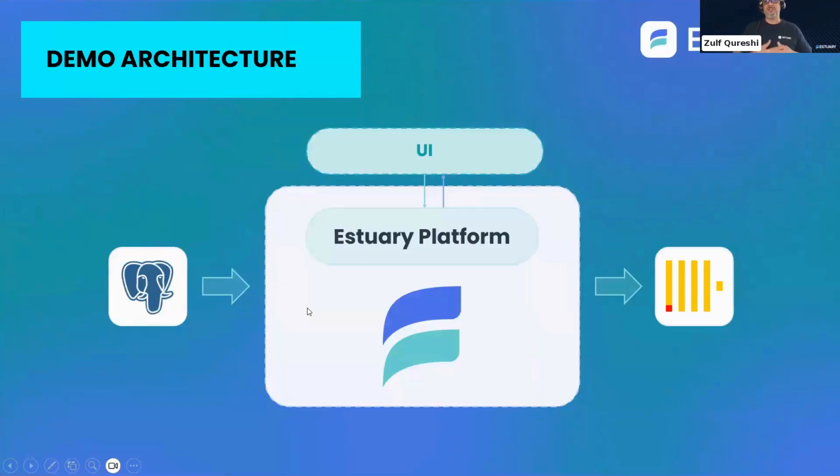Right. So having spoken about Estuary, given you a flavor and overview, and talked about the capabilities and what makes us different, why Estuary, let's take a look at Estuary. As part of this demo, I will be sticking with Postgres as my source. I will show you what the UI looks like, how it's configurable, and what's involved in setting up a data pipeline from start to finish, moving data into ClickHouse itself.